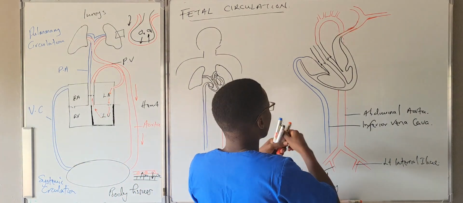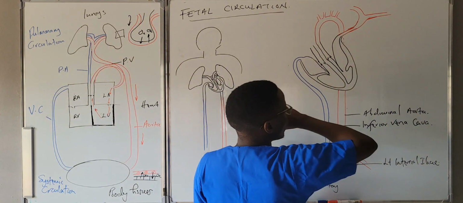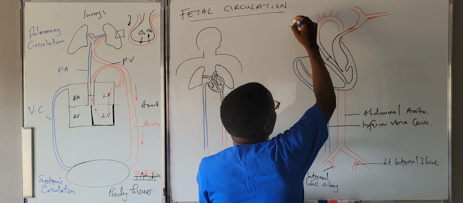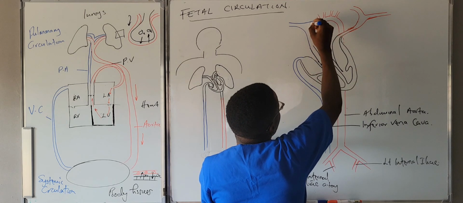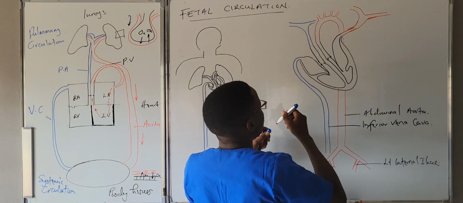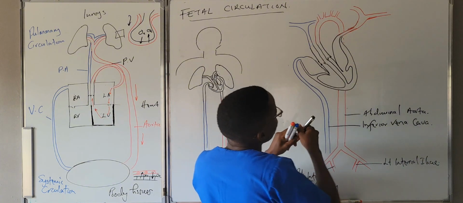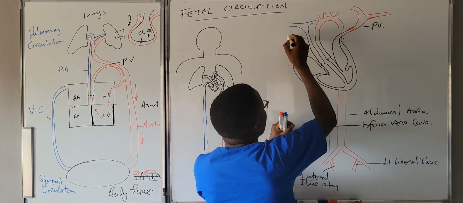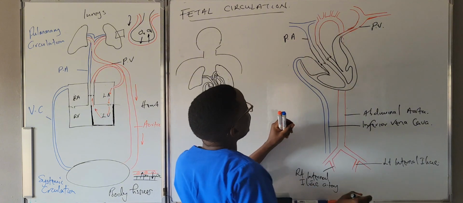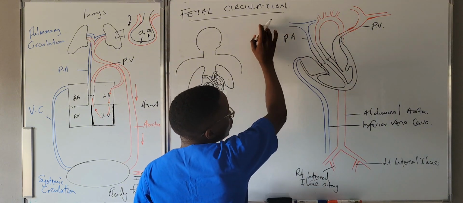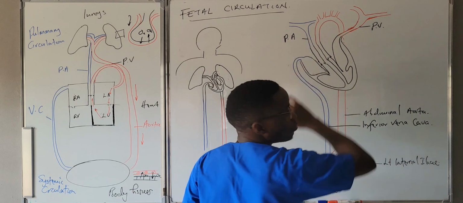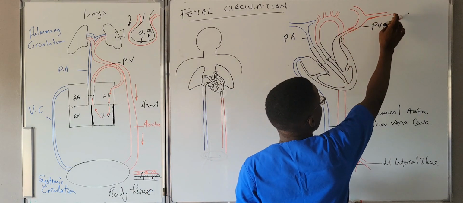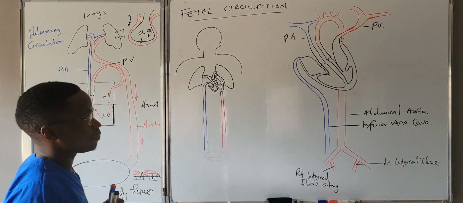And then we also have the pulmonary veins. So this is the pulmonary vein, and then we have the pulmonary artery, which will branch into the right pulmonary artery and the left pulmonary artery. The veins have the right and the left pulmonary vein.